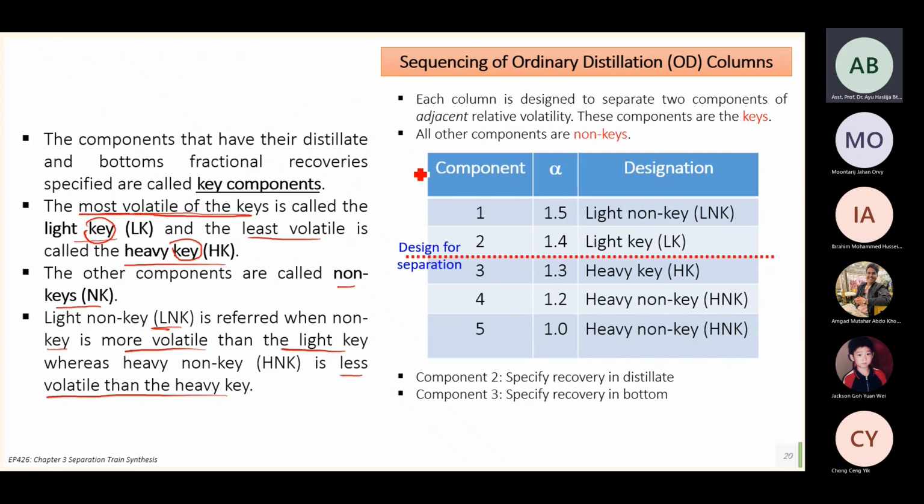So from this table, we focus on the light key and the heavy key. This relative volatility is important for this component. Here the line over here is the one that will be separated.